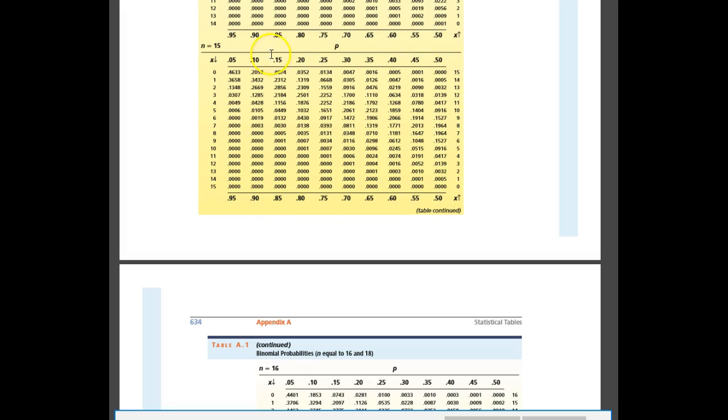The way that you'd read this table, if you're reading it from the top, 0.05 all the way to 0.5, then you would use the x values going in descending order here. So x equals 0 for 0.05 is right here. X equals 8 for 0.05 is right here, so on and so forth.